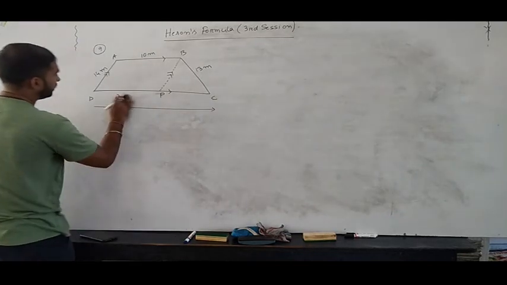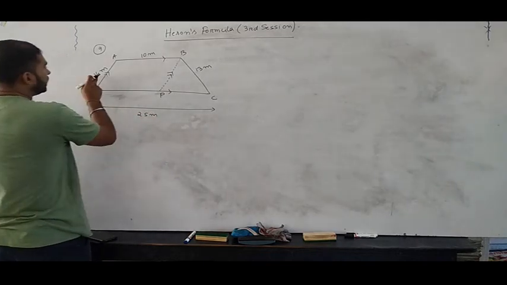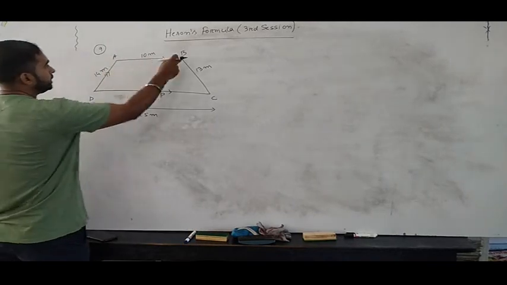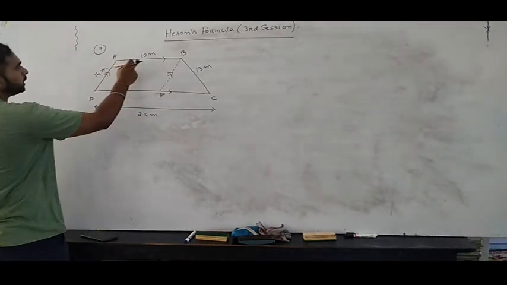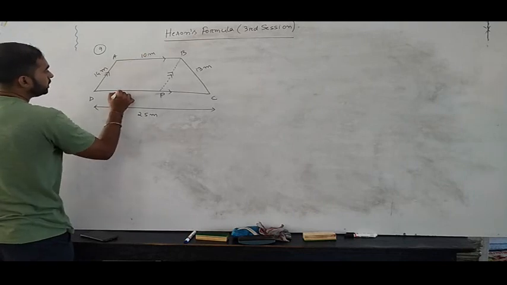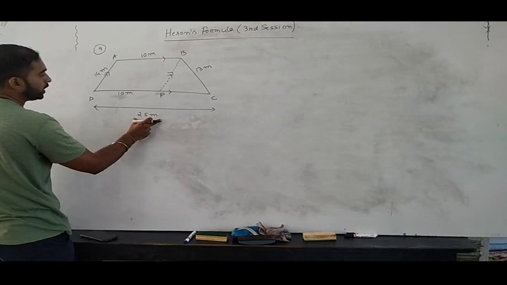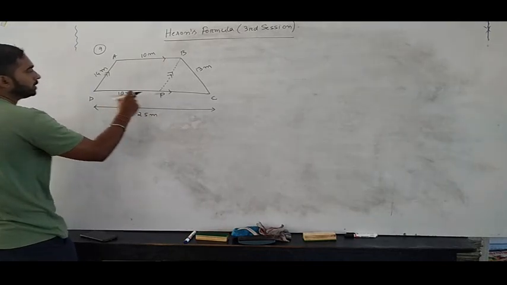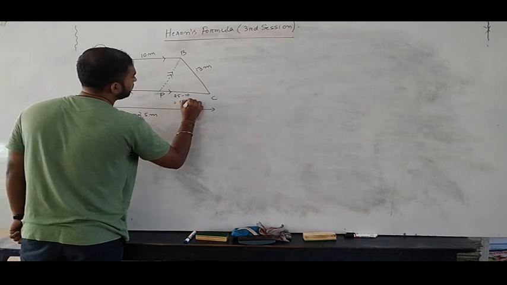This is total 25 meter. If these are the parallel sides and these are also parallel, so ABPD is a trapezium. That's why if this one is 10, this will also be 10. And as the total length is 25 meter and this much is 10 meter, so this will be 25 minus 10 equal to 15 meter.